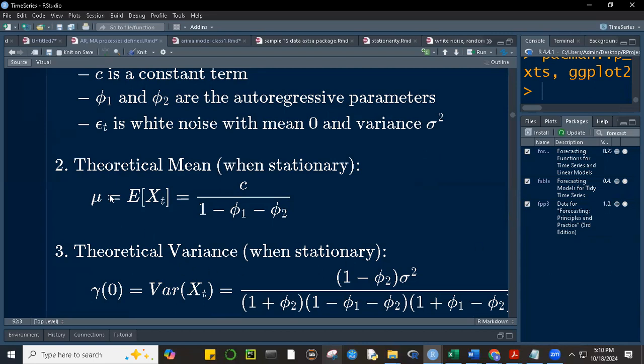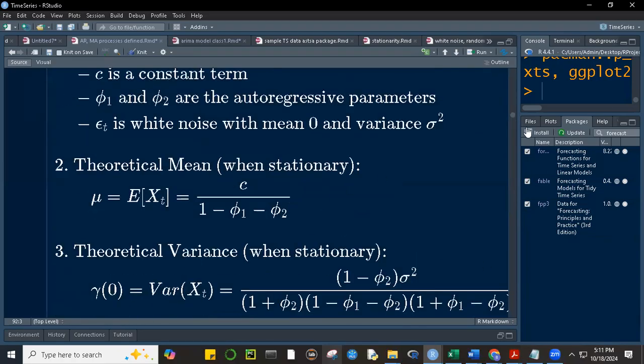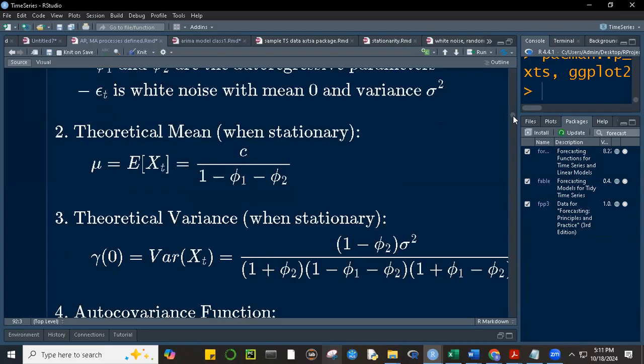Madali yun. It's equal to mu is equal to C over 1 minus phi 1 minus phi 2. Okay? Yung long run variance naman, medyo mas mahirap, no? Tingnan niyo yung formula. Medyo mas complicated. Okay? Kasi may 1 minus phi 2 tayo dito, tapos yung variance ng time series, tapos ito.